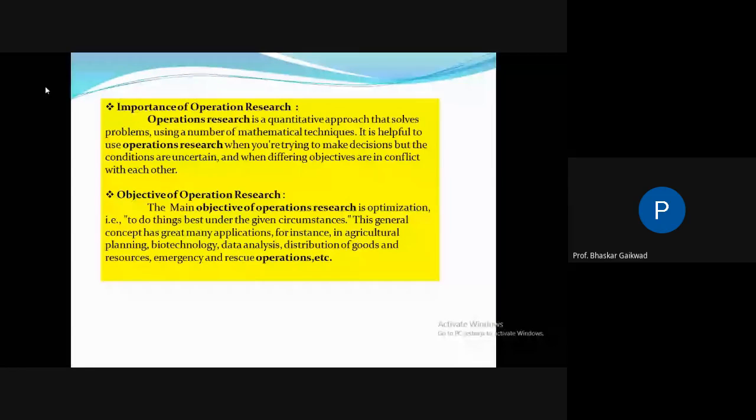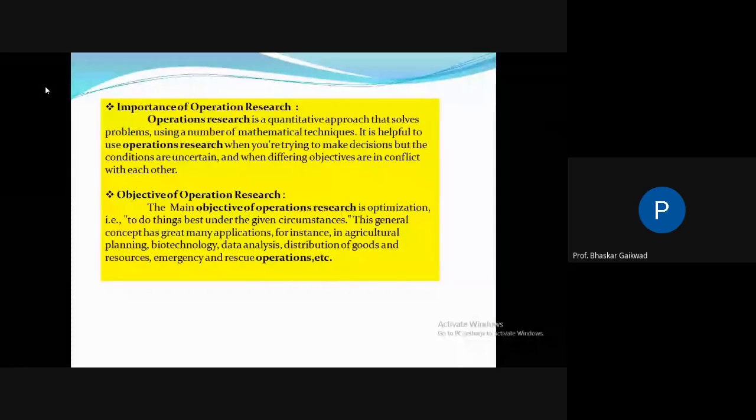In other words, no profit no loss is the optimization condition, or if a certain profit is given, then we have to achieve that profit. Accordingly, you have to optimize the situation. For this purpose we can use the operation research technique, to do the work under the given circumstances. Whatever the circumstances, we have to go for optimization.